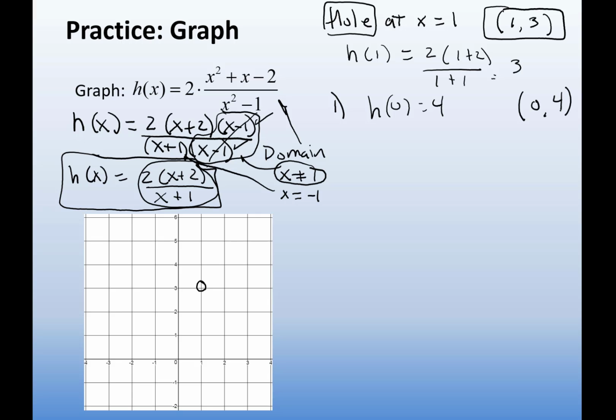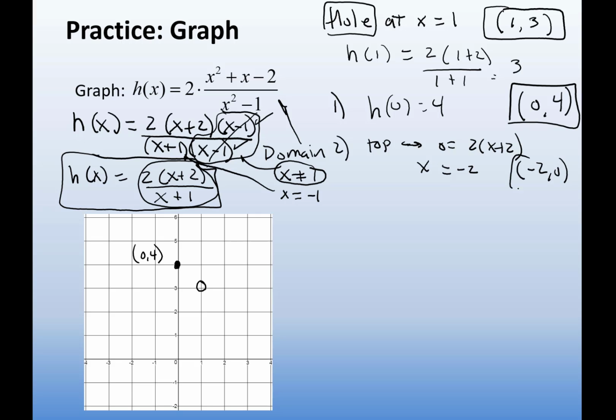So I've got a y-intercept right here at (0, 4). Second thing I want is the zeros, or the x-intercepts. Well, the x-intercepts come from the top, and I want the top to be 0. And I can solve that real quick. I'm not going to go through all the steps, but I find out that x equals -2. So now I have (-2, 0).